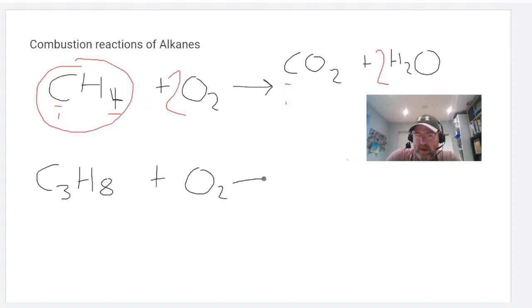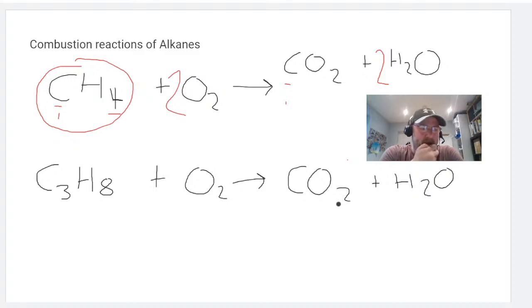So who can tell me the balanced equation for the combustion of propane? Well, Yoshi, combustion equations like this, which will come up in paper 2, are really easy.